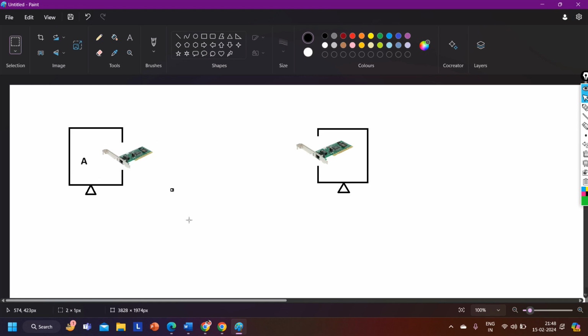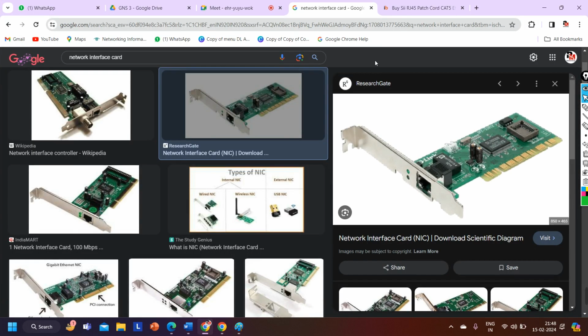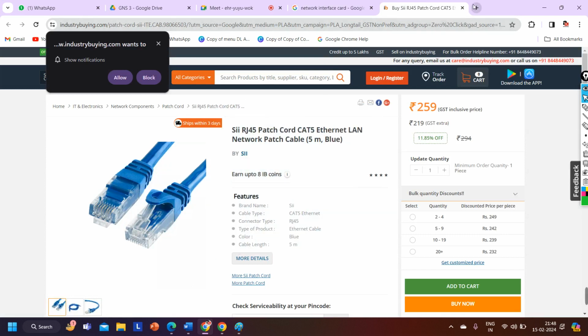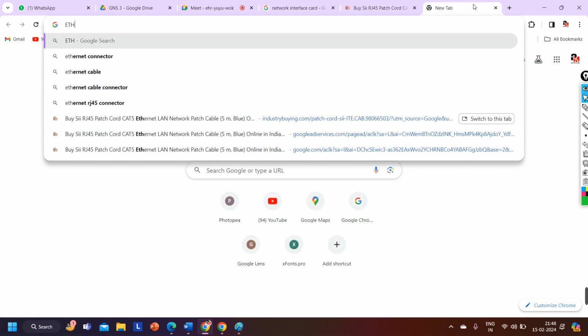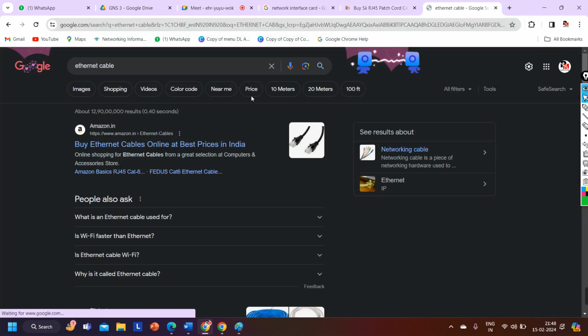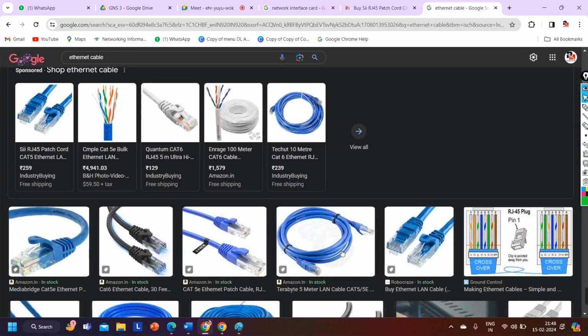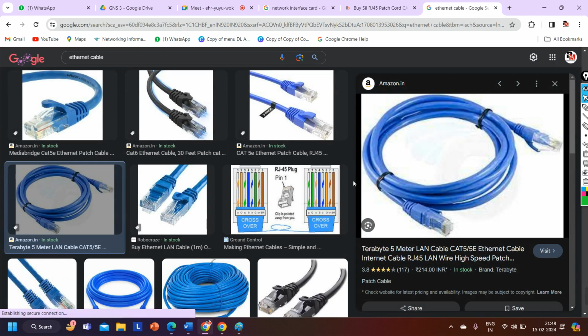Now what we need? We need a cable. Which cable? A cable with this connector, yes, RJ45. This type of cable. Correct?